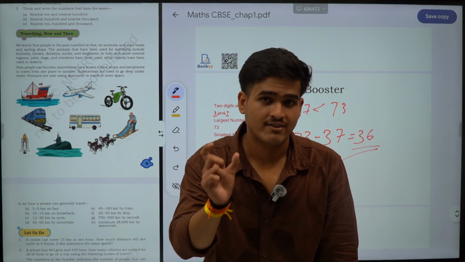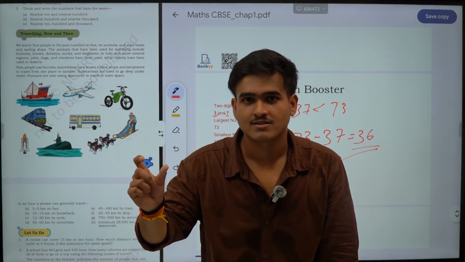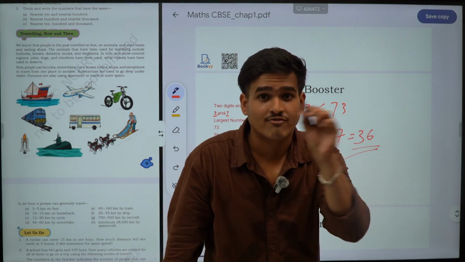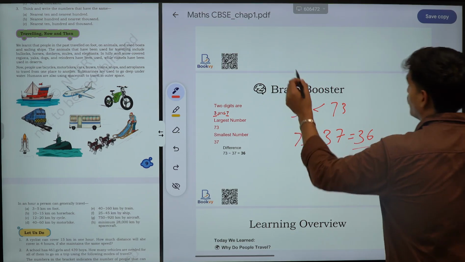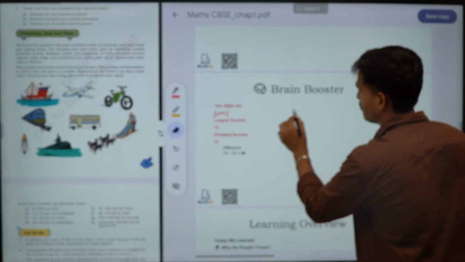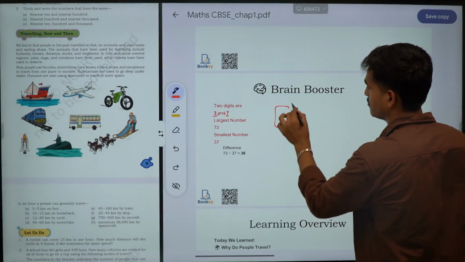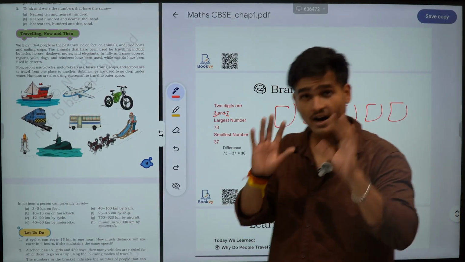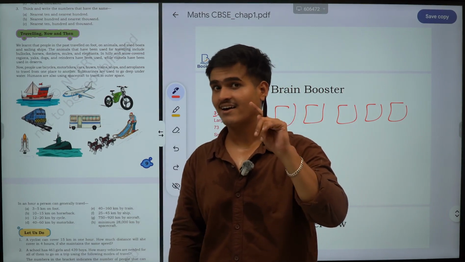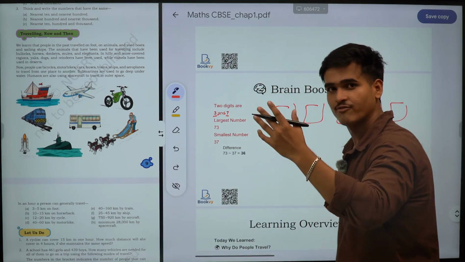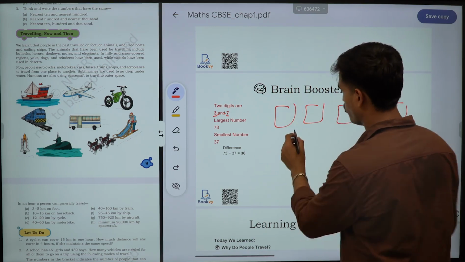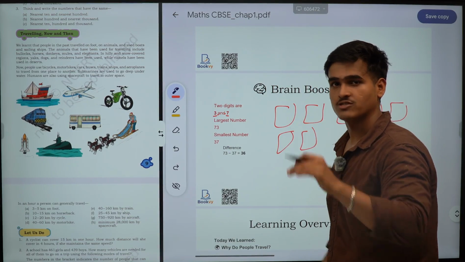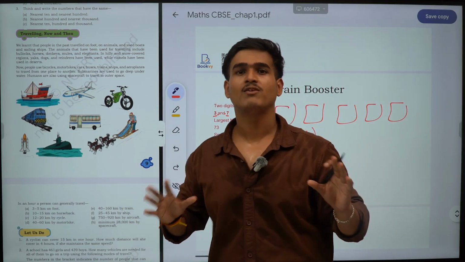If the amount is 5,450 rupees, there are 5,000, so 5 boxes of 1,000. And there are 400, that does not mean 100 fours, there are only 400, so 4 boxes of 100. And then 50, that is 5 tens. And the answer will become easy.